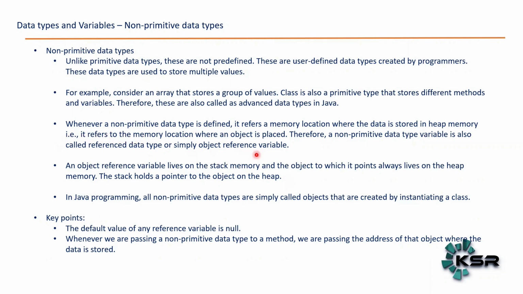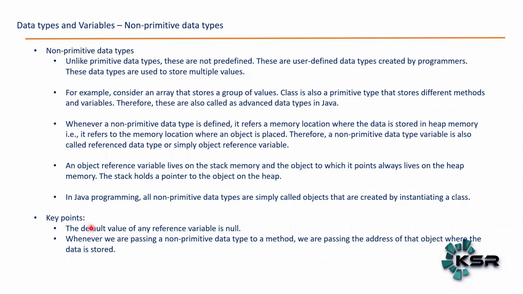For example, we create an object for a particular class and then access this variable. In C there is a concept called a pointer where we can refer to memory allocation, but that is not required in Java.